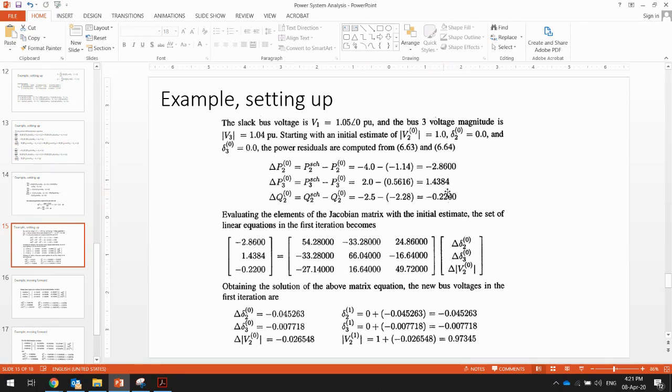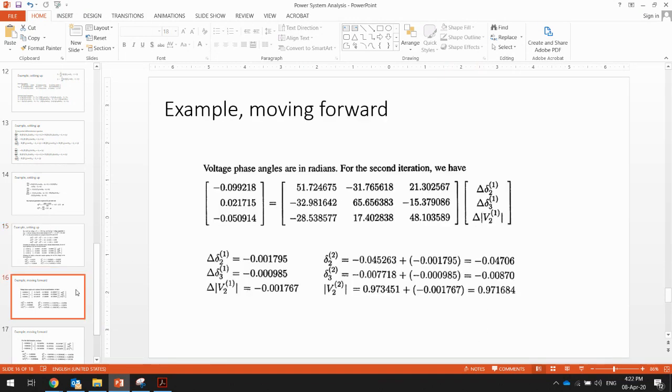With the new power difference, we put them into the matrix over here. And with the new values of delta and V, we can also determine the new values of the Jacobian equations and put them inside the matrix. After that, we determine the new change, and from the new change, we add it to the current values. We obtain newer values, such as this one.